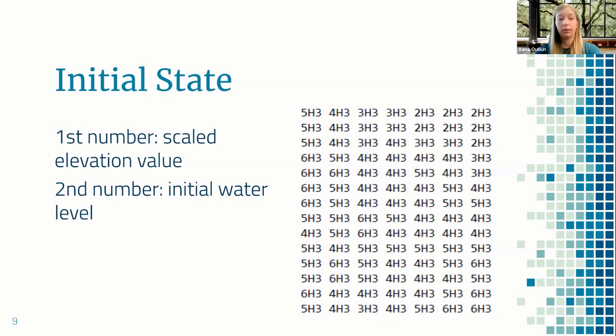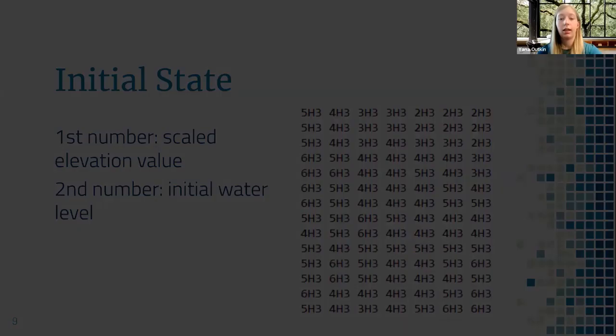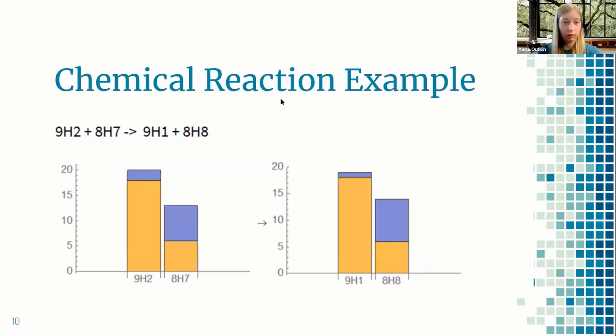So synthetic chemical reactions represent the transfer of 1 unit of water. And here's an example of one such chemical reaction. The 2 neighboring cells are 9H2 and 8H7. For this example, the scaled elevation is 1 foot. So 9H2 is a cell with a height of 9 feet and water level of 2 inches, and 8H7 has a height of 8 feet and 7 inches.